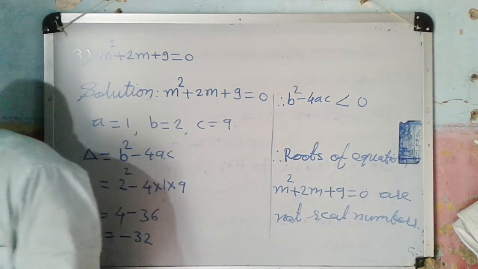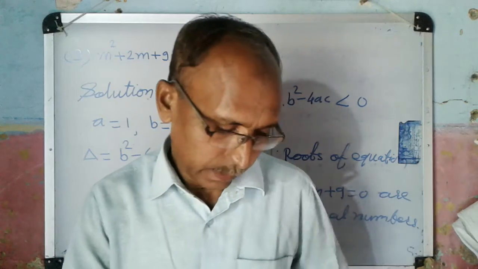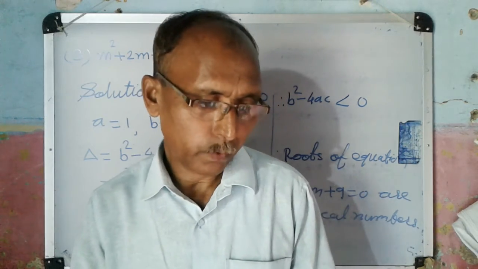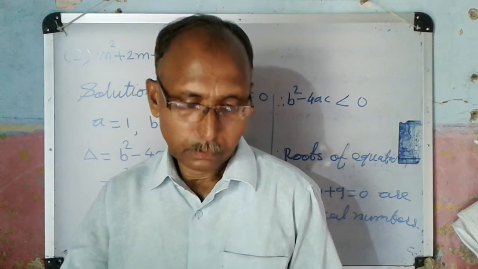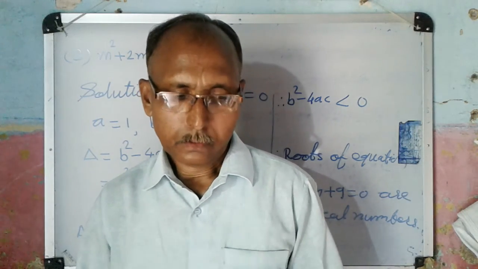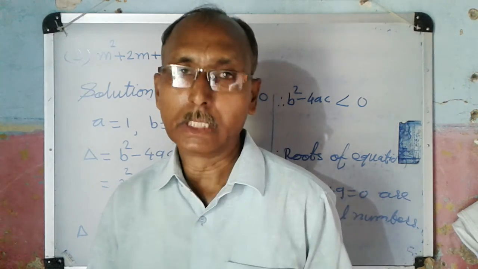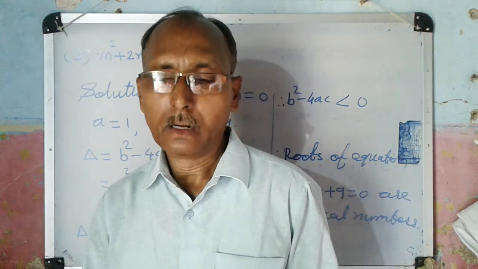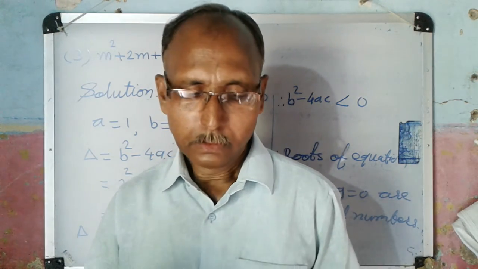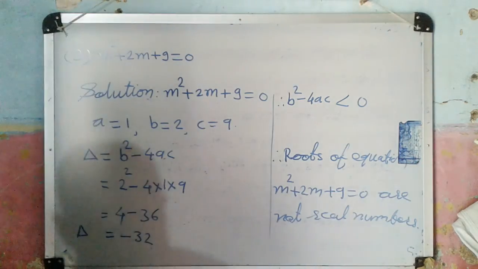In this way, we can solve the remaining examples from practice set 2.5. Now, in our next period, we will study how to obtain a quadratic equation having given roots. That means when roots are given, then how to obtain the quadratic equation, we will study in the next period.